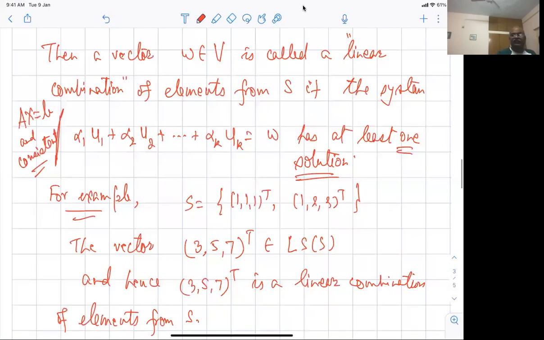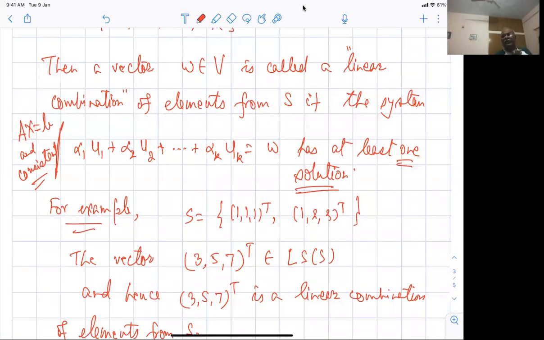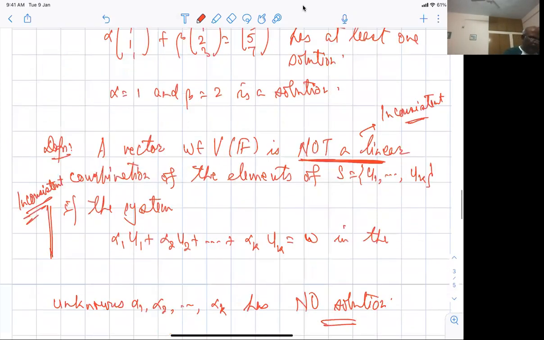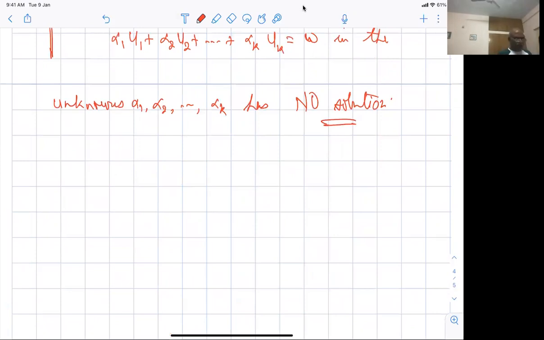So consistency comes into play. We had solved the system Ax is equal to B with the notion of consistent and inconsistent. Consistent means B, the right hand side, is a linear combination of columns of A. Inconsistent means B does not belong to the linear span, or the system Ax is equal to B has no solution, or B is not a linear combination of columns of A. All those things are the same. Let me write it again so that you have clarity of thought. I just like to stress on it.